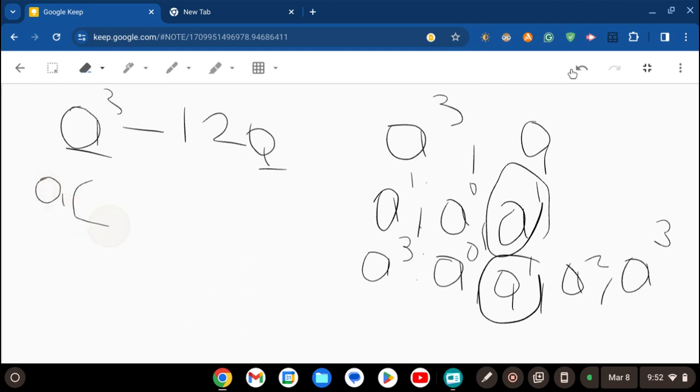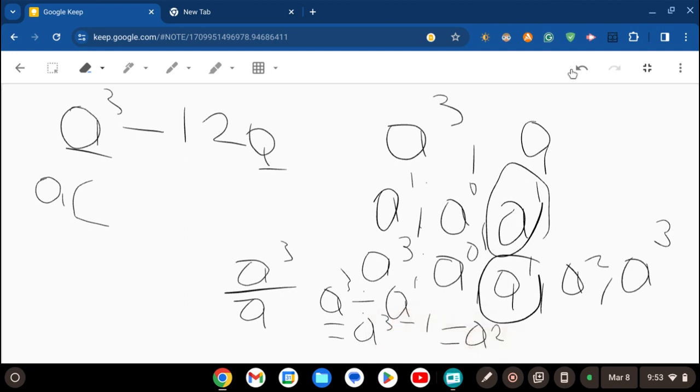And now we need to see how many times a can go into a cubed and minus 12a. So a cubed divided by a to the first will leave us with a to the 3 minus 1, which is just a squared.